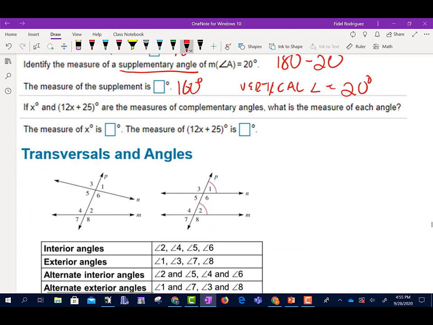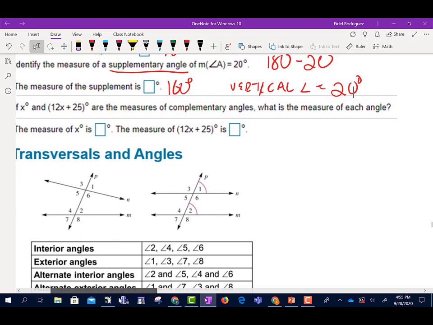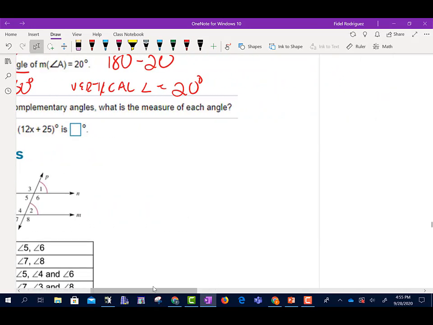And then it says, if x and 12x plus 25 are the measures of complementary angles, what's the measure of each angle? Okay, I don't know why I didn't give myself any room here, so I'm just going to kind of move over to the side. X and 12x plus 25 are complementary angles. So x plus 12x plus 25. Complementary means they add up to 90.